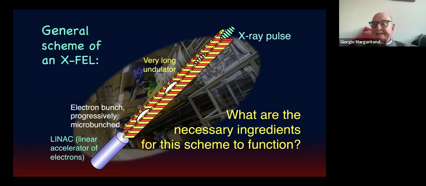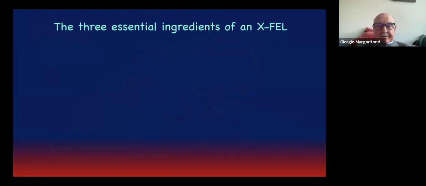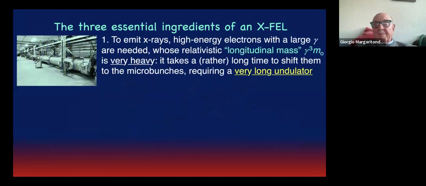But what are the necessary ingredients? First of all, we must realize that in order to get X-rays, you need high energy electrons. High energy electrons have a high gamma. And in relativity, there was in the first version a wonderful notion, which is that of longitudinal relativistic mass, which is proportional to the cube of gamma.